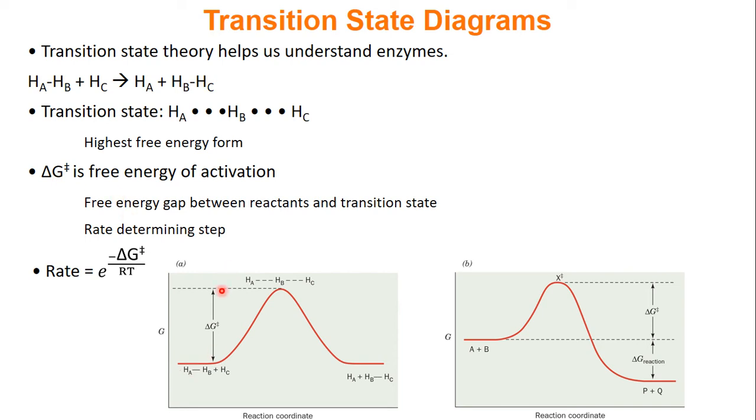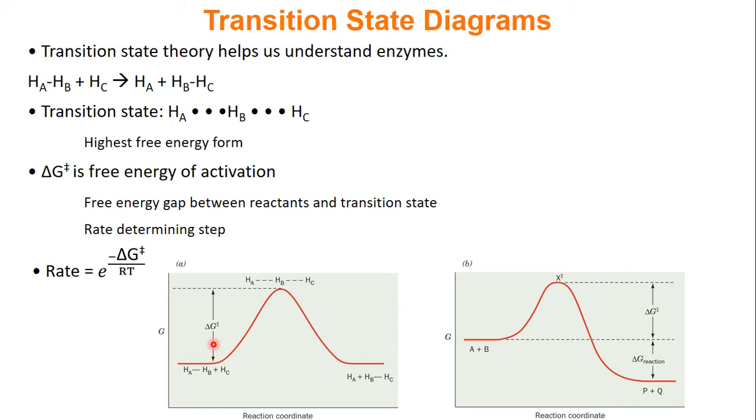This is our slowest step of the reaction, so it's the rate determining step, where the rate of our reaction equals e raised to the power of negative delta G double dagger divided by RT.